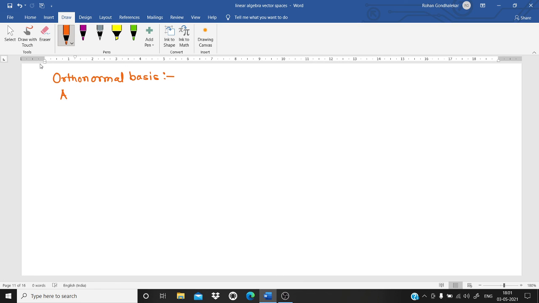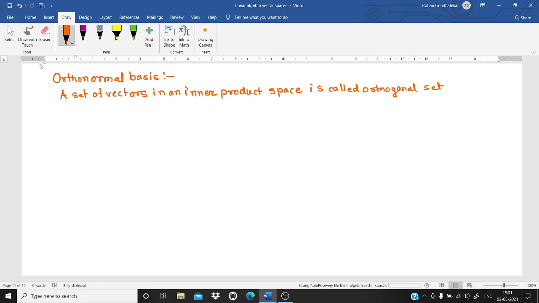I write the definition: a set of vectors in an inner product space is called the orthogonal set if all distinct vectors are orthogonal.